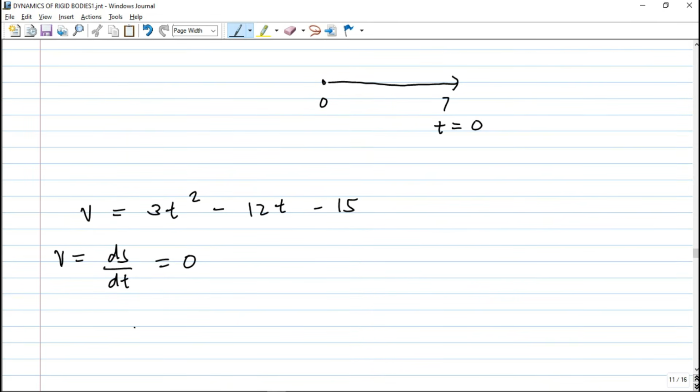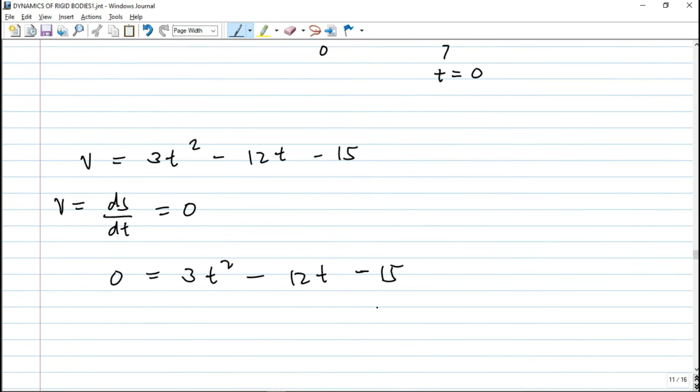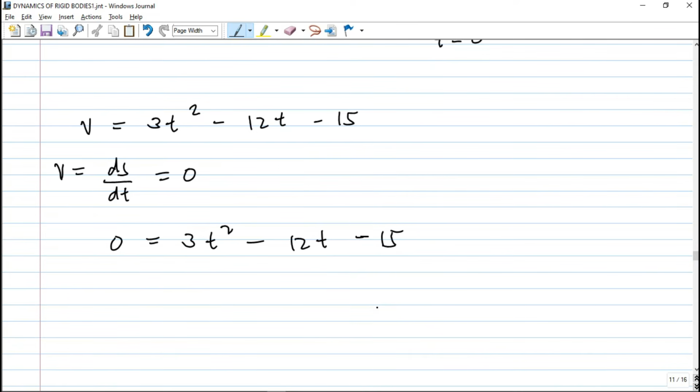Okay, so 0 equals 3t squared minus 12t minus 15. So we get the roots of this quadratic equation. Okay, divide muna natin guys both sides by 3 since common yung 3. So this becomes 0 equals, so divide by 3 both sides. So 3t squared divided by 3, that is t squared. So 12t divided by 3, that is minus 4t. And we have here 15 divided by 3, this is minus 5.